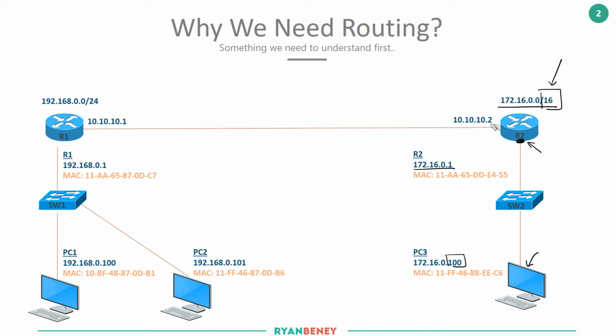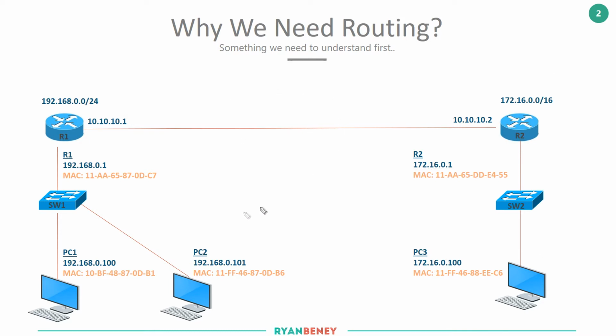You also notice that between router 2 and 1 we have another network. This is a /30 and it's the 10.10.10.0, and inside the /30 we have 4 IPs, 2 usable, with .1 being the first usable, .2 being the second usable. So this means router 1 and router 2 are in the same network.